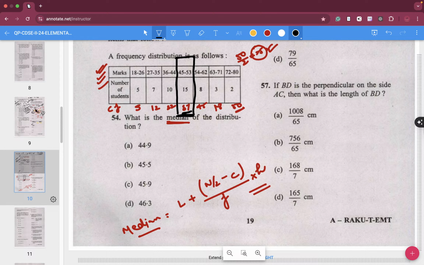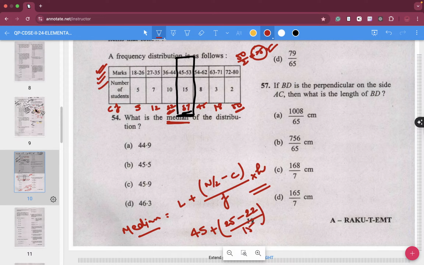If this is your median class, then you can simply write down the lower limit of the median class, plus n by 2, which is 25, minus the cumulative frequency of the class preceding the median class, divided by f, the class frequency of the median class, into h.